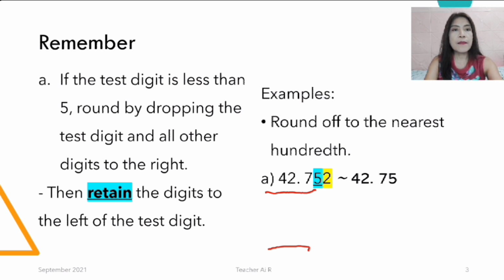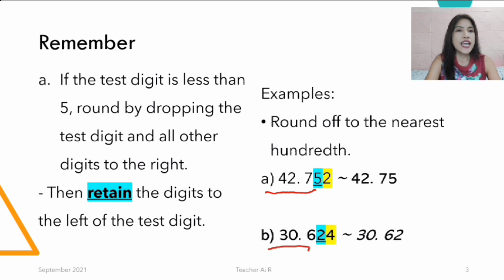The next example is 30.624, and you're going to round it off to the nearest hundredth, and your test digit or reference number is 4. So you have to drop off the 4, since there's no other number to the right of 4.